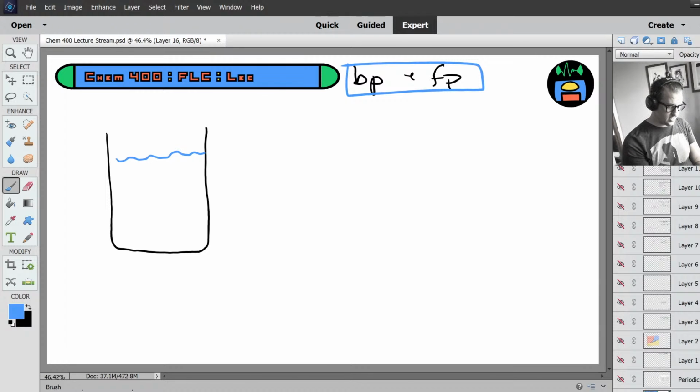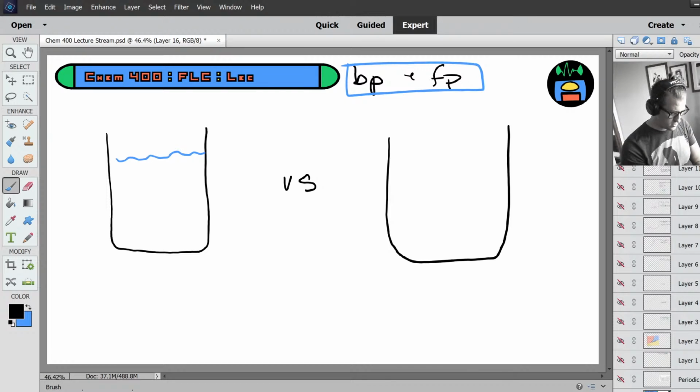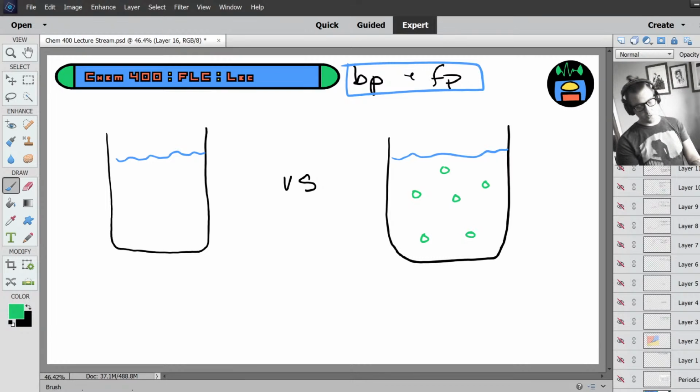So this is our pure solvent versus our solution. To represent our solution, I'm just going to add little green solute particles.